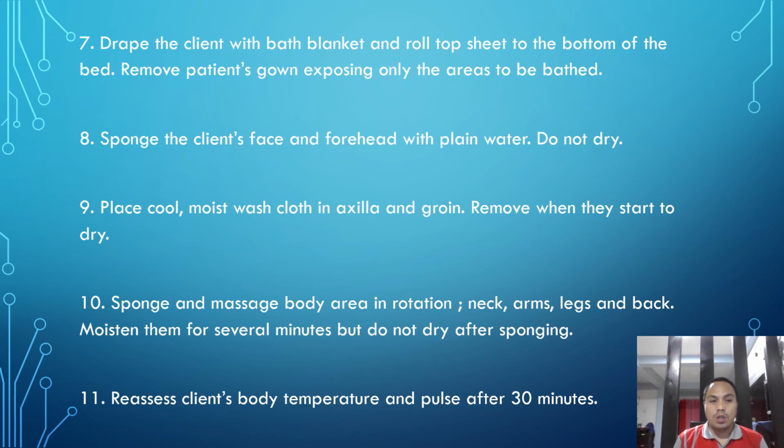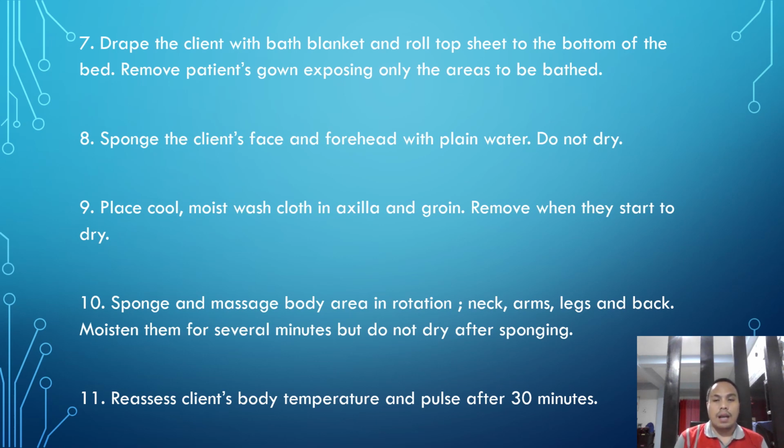And after which, we need to place cool, moist washcloths in the axilla and the groin, to be removed when they start to dry. This is to promote heat loss due to conduction. And after that, we need to sponge and massage the body area in a rotating manner.